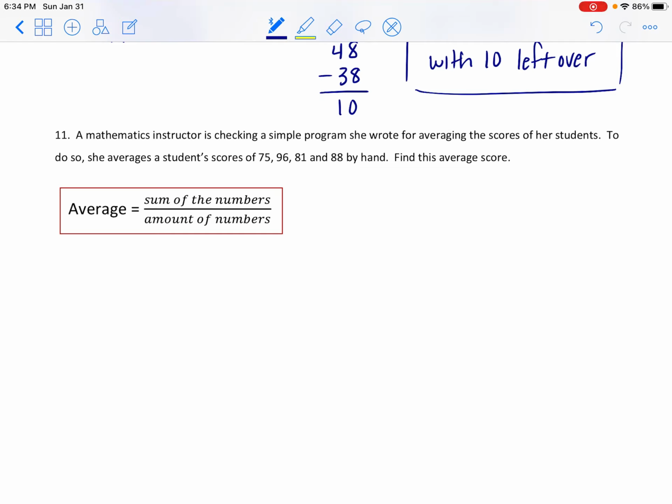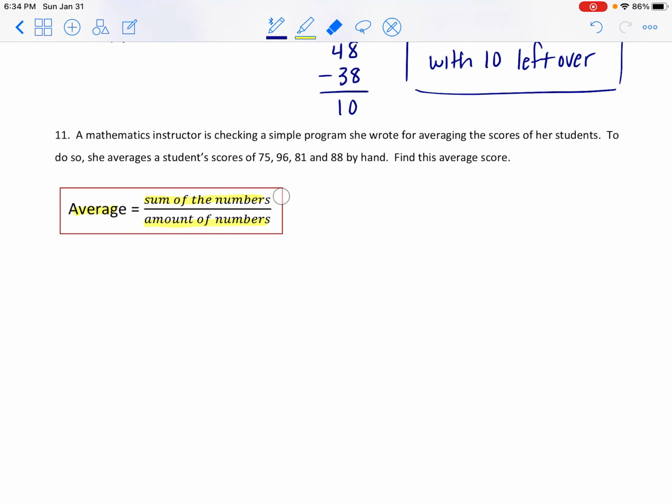So this is a statistical item technically, but it's an application of our addition and division. So to find an average, we're trying to basically find what's in the middle of our numbers. And the way we do that is to add all of the numbers up and divide by how many numbers there were. So the average, as we have here in the box, is the sum of our numbers divided by the amount of numbers we have.